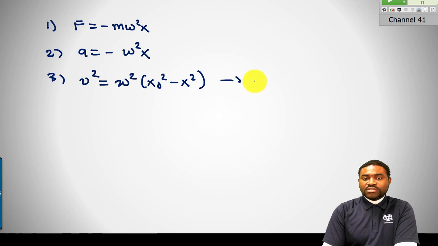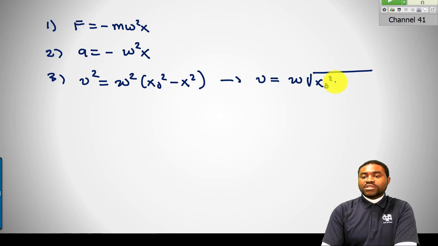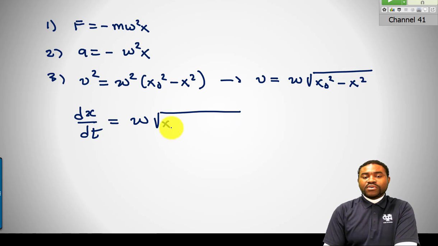This means that v is equal to omega, the square root of x naught squared minus x squared. In other words, dx/dt is equal to omega, the square root of x naught squared minus x squared.